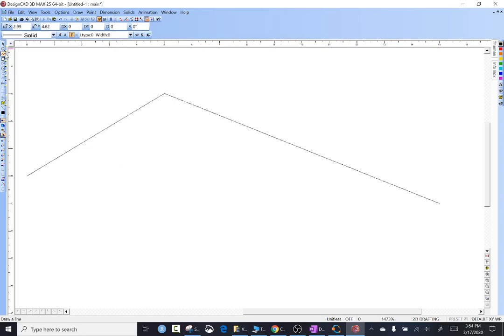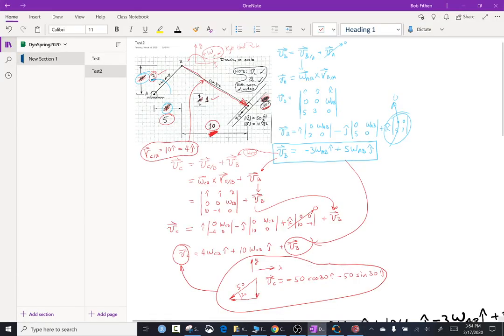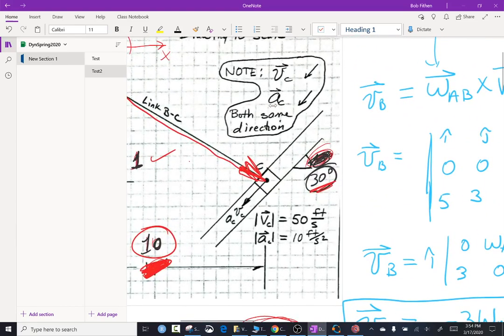Next, the velocity vector is going down at 30 degrees. So I need a line that goes 30 degrees from the horizontal.